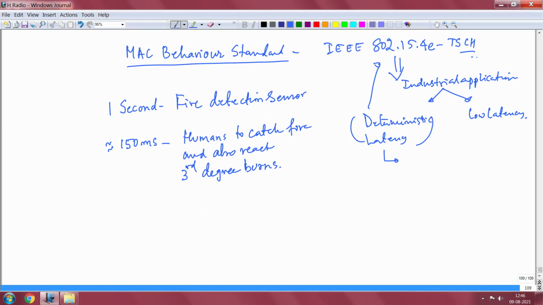So if you say I have a deterministic wireless network which can do fire detection, this is not going to work at all, folks, right.